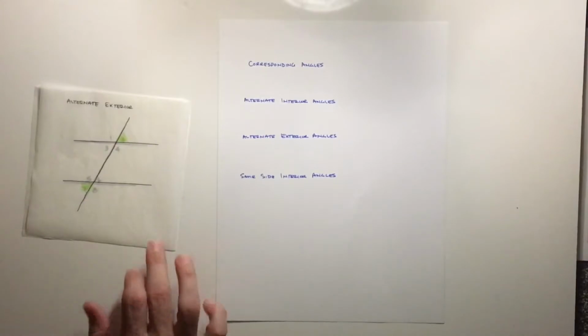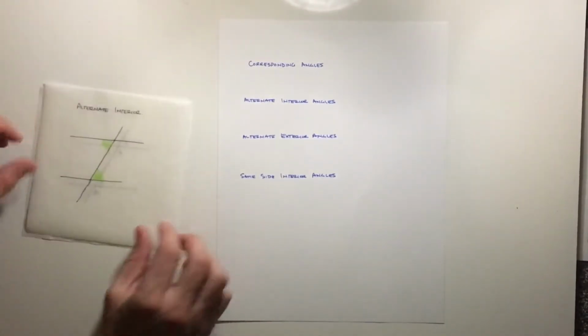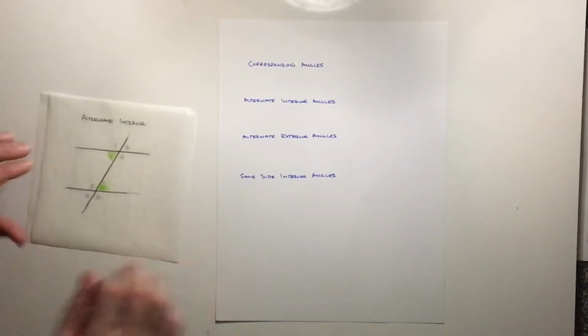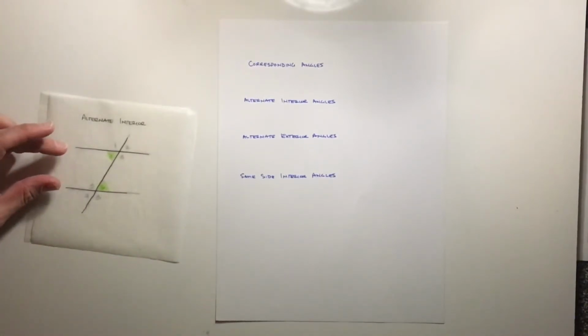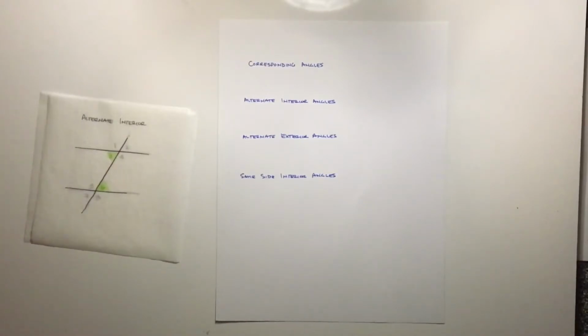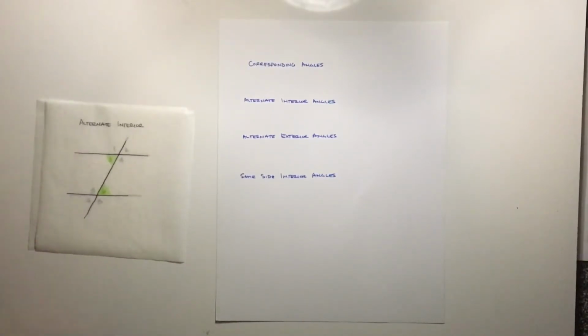Alternate exterior angles. I think we're getting the hang of this now. So it's probably no surprise that alternate interior angles are on opposite sides of the transversal and inside of the two lines that have been cut. The two green angles represented here show as much.